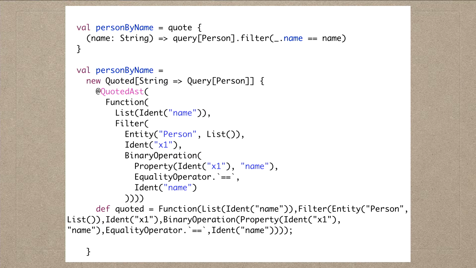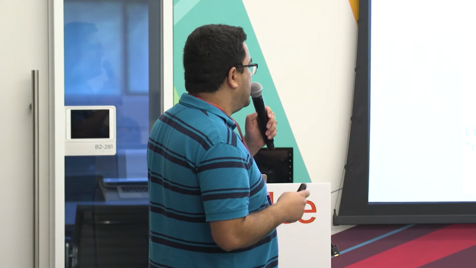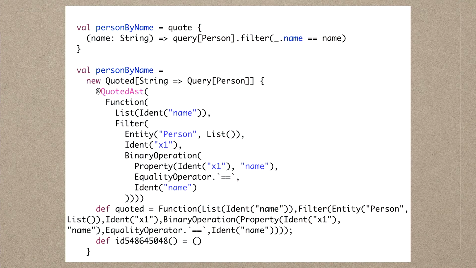And once I have a reference to that quotation, I also have access to the type of the quotation, and I can access the quotation as a compile time value. Okay? And I also have to create a method ID because Scala has some bugs with unifying types, type refinements with annotations.